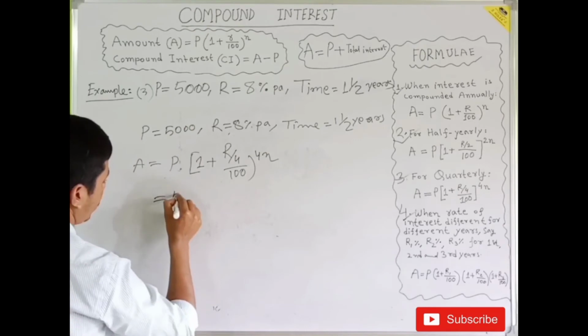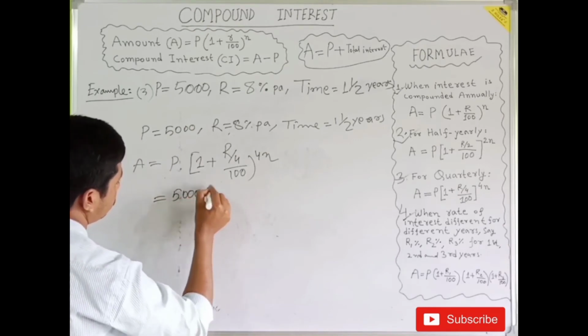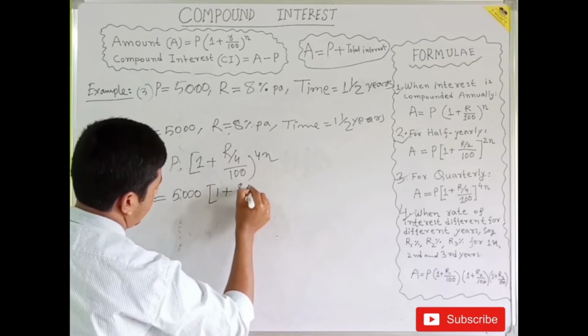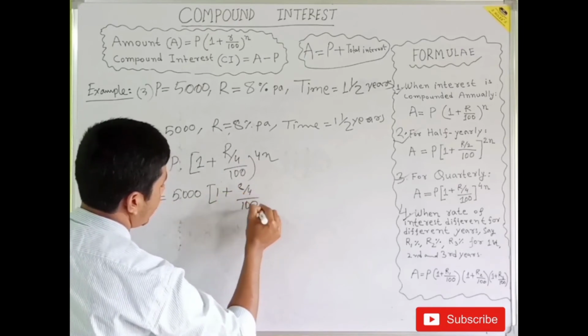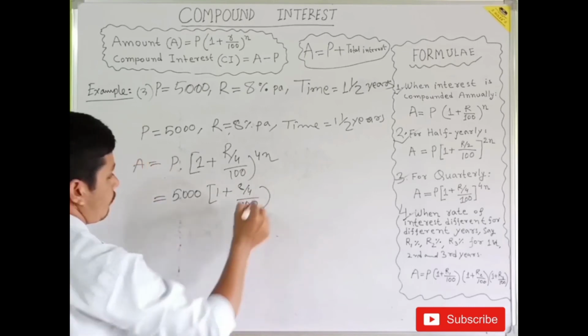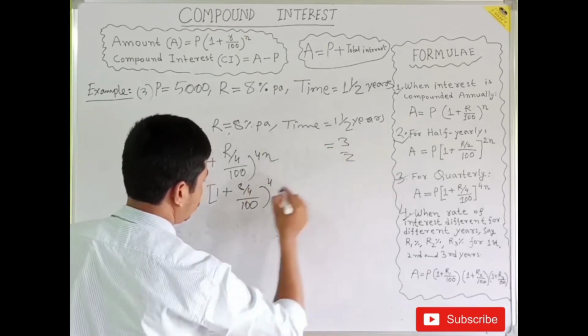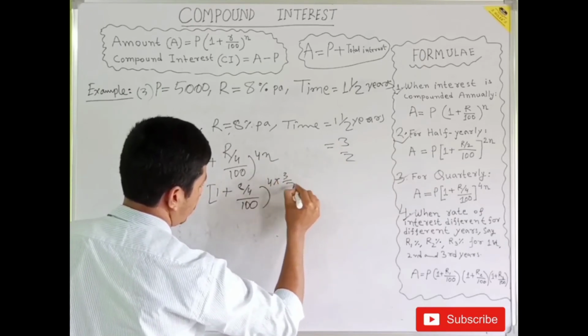Here the value of P is 5,000, 1 plus the value of r, 8 divided by 4 divided by 100, to the power 4 into this one, 3 by 2.